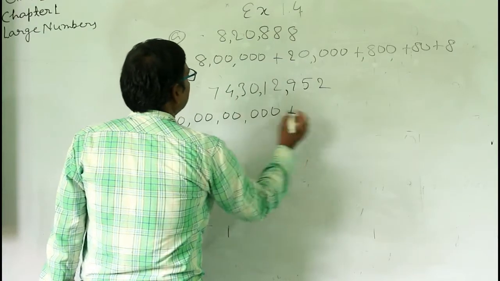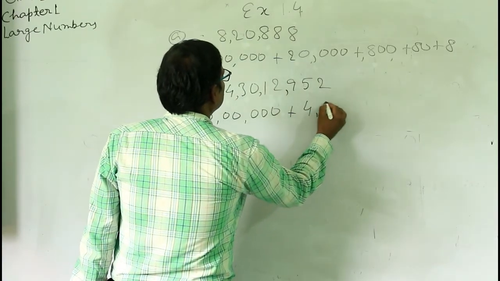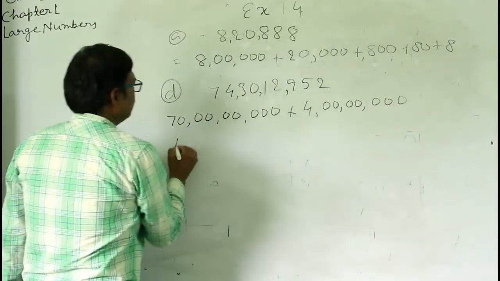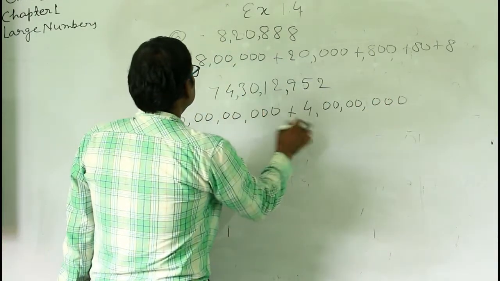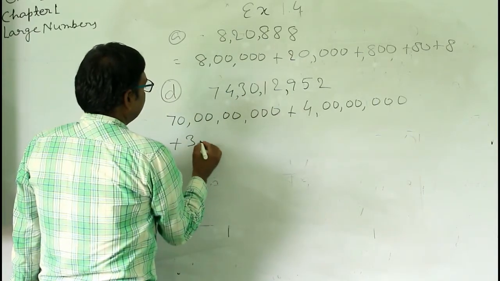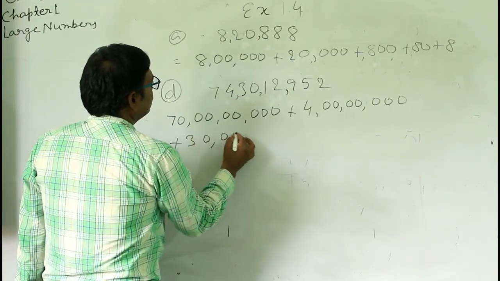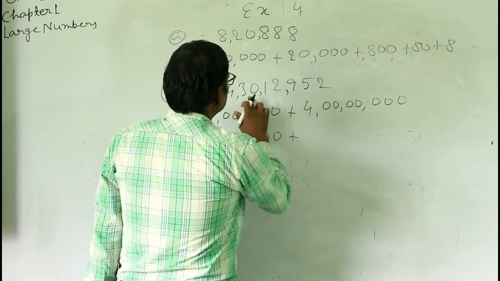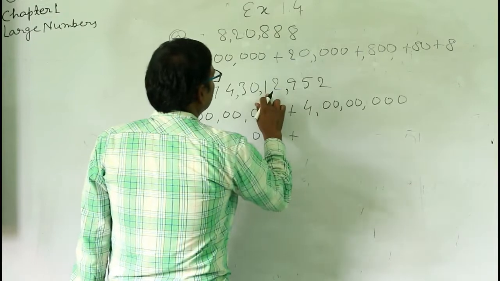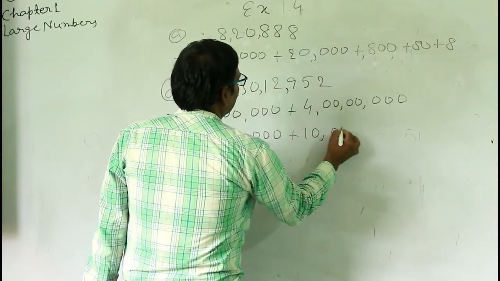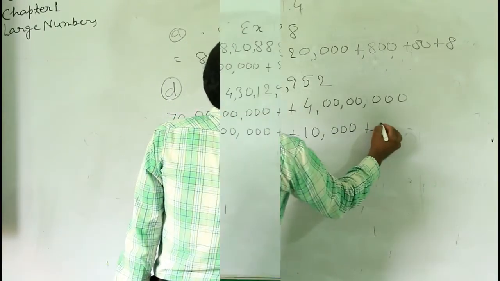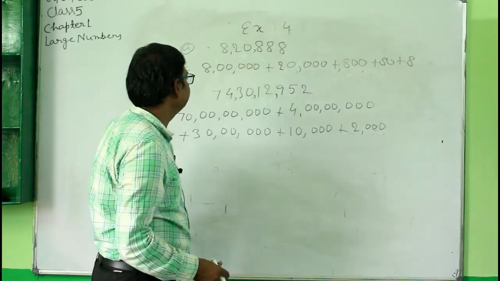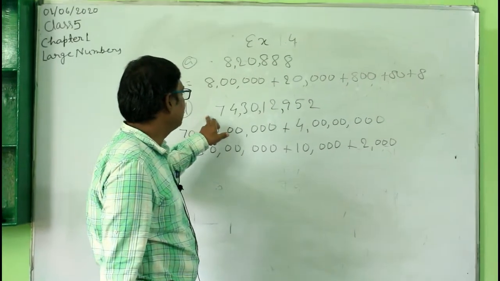Then the place value of this will be 4, and 0, 0, and so on, plus 3, and 0, plus 1, 1, 0, plus for 2 it will be 2. That is the expanded form.